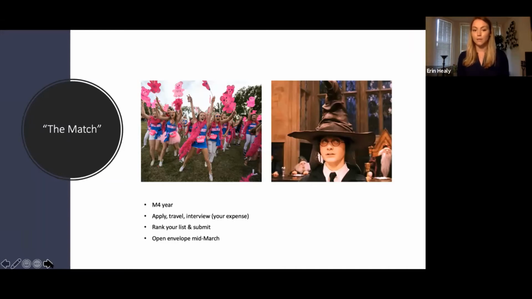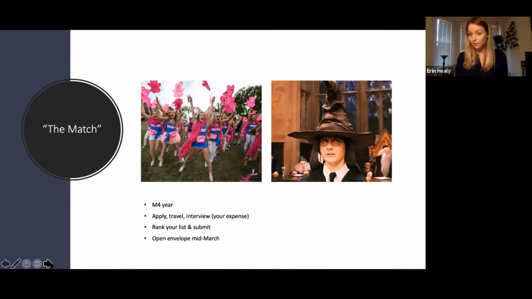That list can be 1 through 200, depending on how many they interviewed. And then a computer software system will run a really fancy algorithm that I will never understand, and place you at the best program based on your rank list and the program's rank list.